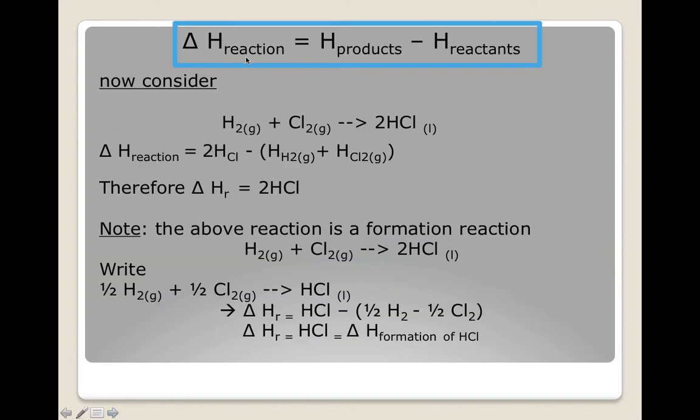What we know is that the change in enthalpy of a reaction is the enthalpy of the products minus the enthalpy of the reactants. What we can see here is that if you have hydrogen gas plus chlorine gas to create hydrogen chloride as a liquid, what we have here are two things in their elemental state. So we create our reaction.